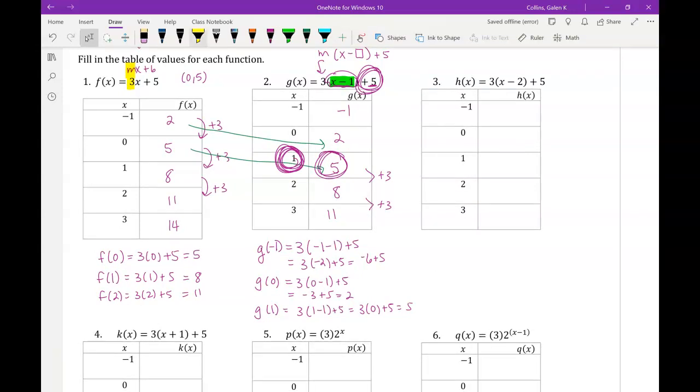What I notice is that each time I still have this 3 being multiplied, that's still going to give me my constant rate of change or my slope. But what is changing is the expression in here is no longer just x, and it's not x minus 1, it's x minus 2. But I still have the same constant plus 5 that I had in the other two equations.